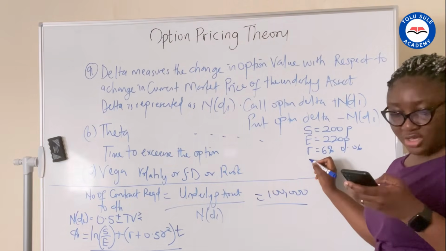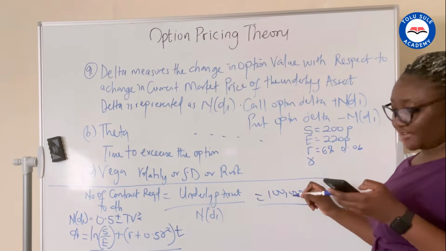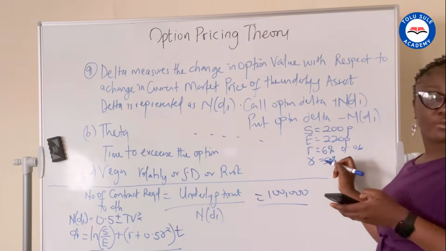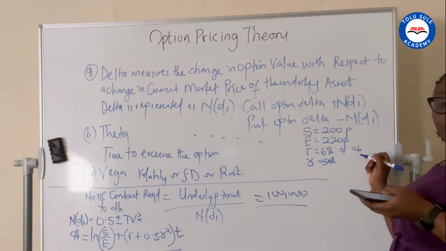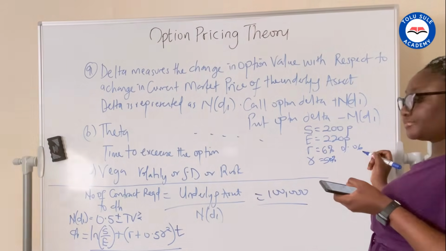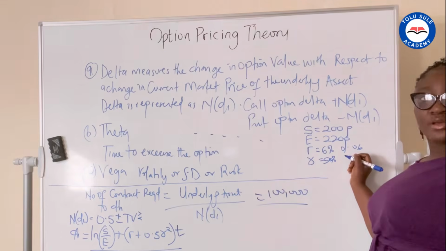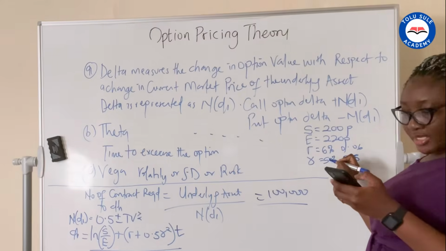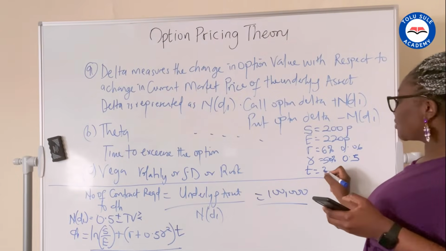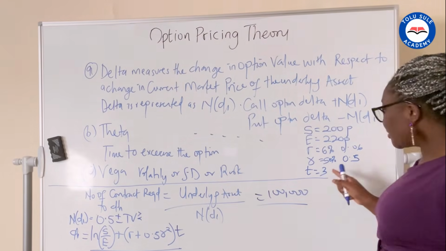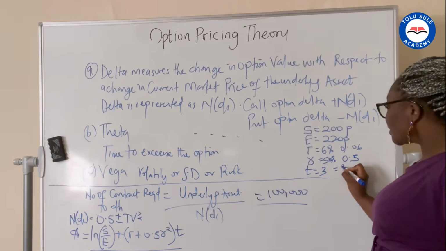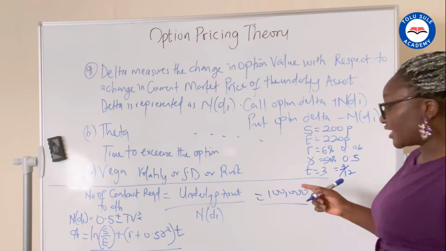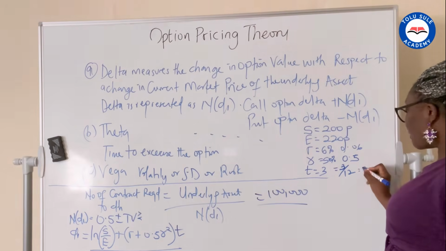We have standard deviation as 50%, that's 0.5. Then we have T as 3 months. And don't use 3 months. Always use 3 over 12. Do you understand? Put it in years, convert to years. So it's 3 over 12. So that would be 0.3.